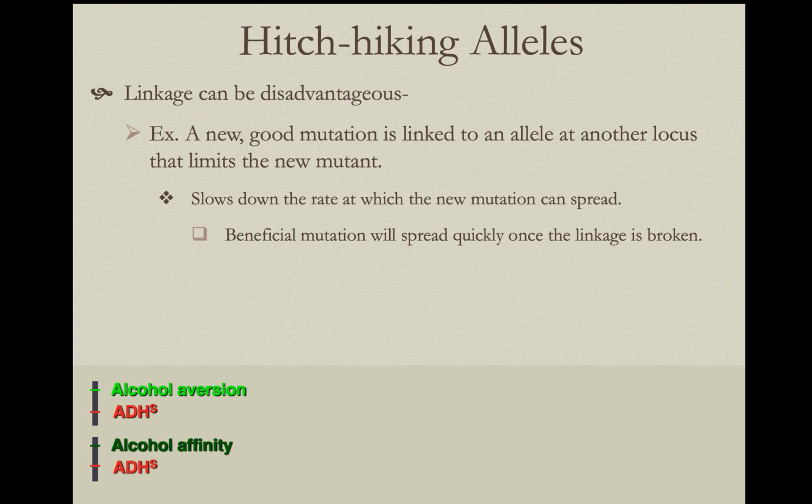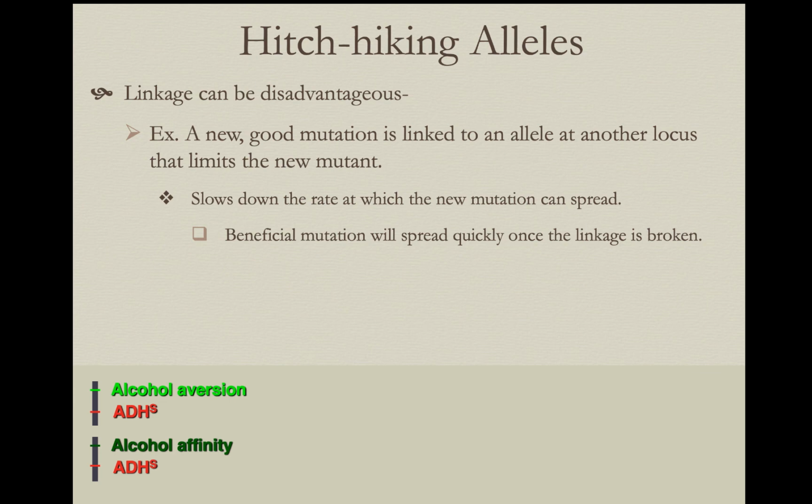All right, so let's give an example of this. We talked about alcohol dehydrogenase. This gene locus is associated with different capabilities in fruit flies with regard to digestion of ethanol, alcohol. And there are two alleles. There's an S allele and an F allele. The S allele is associated with really not being able to utilize alcohol. And let's say we start off with a population in which this is the only allele in a population.